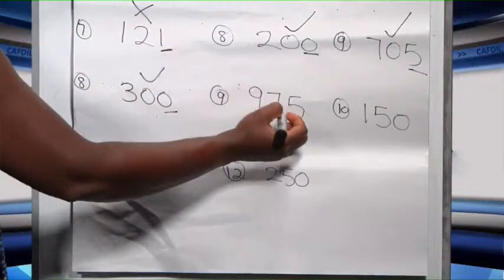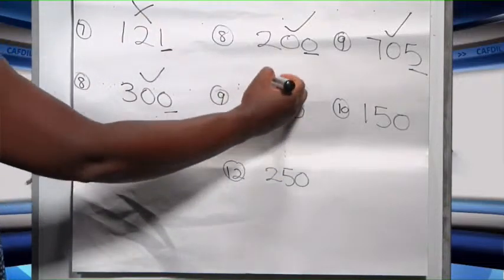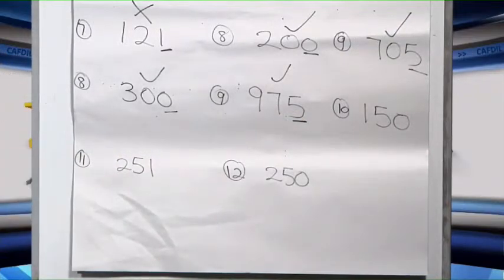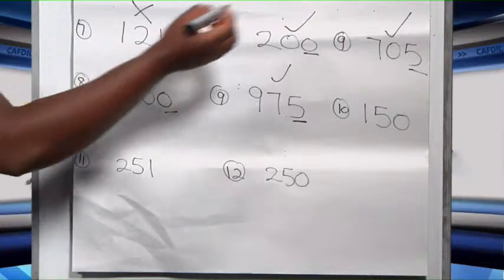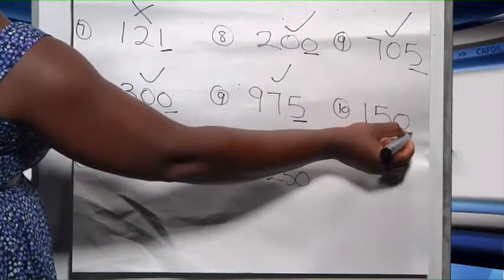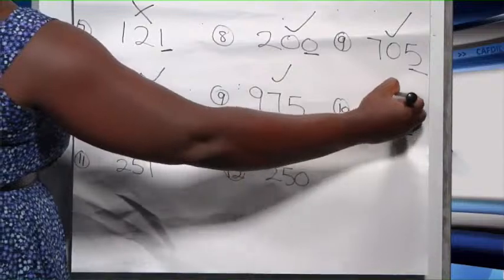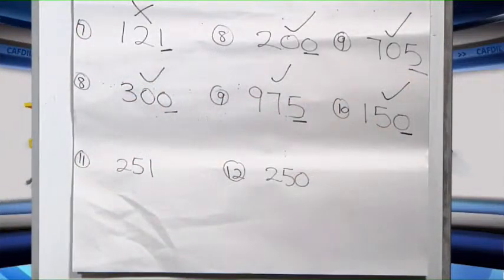So you can say that it is divisible by 5, since its last digit is 5. 150. Is it divisible by 5? Yes. It ends with 0. That is the last digit. So it is divisible by 5.